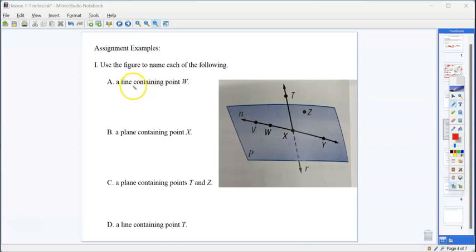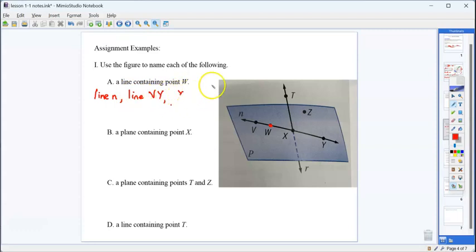A line containing point W. All right, so obviously here's point W. So point W falls on line N. So we've got several different correct answers here. We could say line N using the lowercase letter. We could say any of the points. We could say line VY, sorry, I said VW.